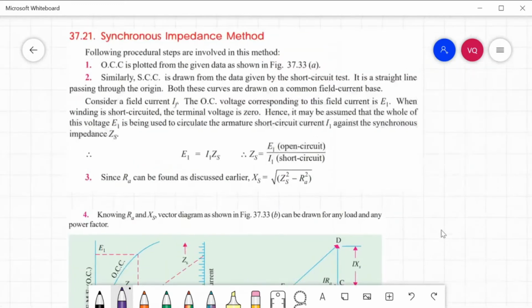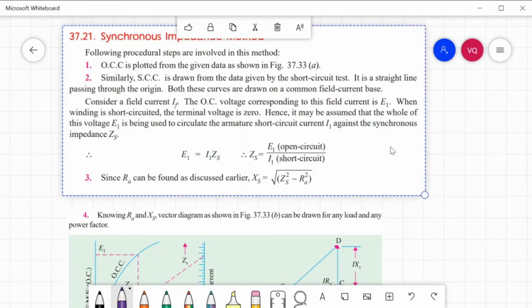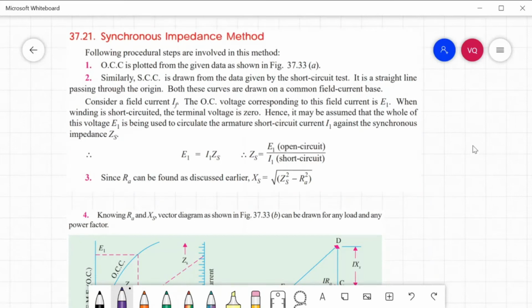And then consider a field current. The open circuit voltage corresponding to this field current is your E1. When the winding is short-circuited, the terminal voltage is 0. Hence, it may be assumed that the whole of this voltage E1 is being used to circulate the armature short-circuit current I1 against the synchronous impedance ZS.